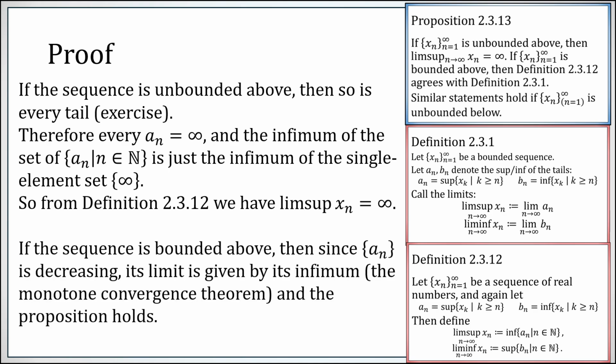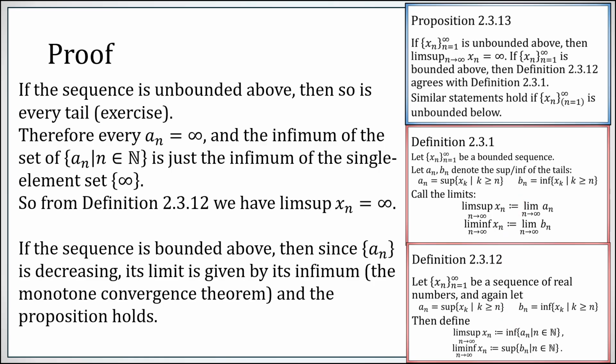Now let's suppose the sequence is bounded above. We want these two definitions at right to give us the same thing. However, we showed that when a sequence is bounded above, this lim_sup must exist because the a_n form a decreasing sequence. But by the monotone convergence theorem, if this is decreasing and bounded below, the limit is the infimum.